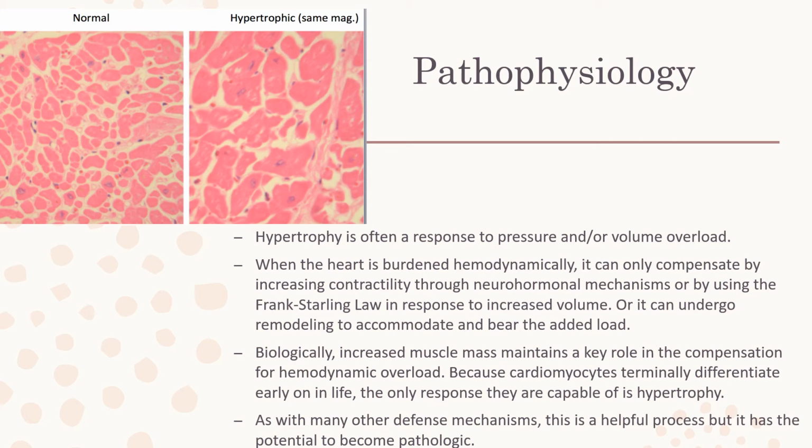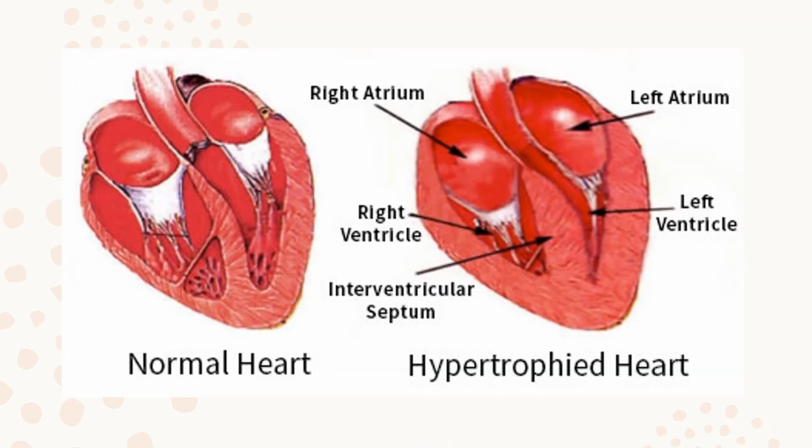And so it initially starts off, as it says in the last line there, as a helpful mechanism, but it can become pathologic at a certain point. And so what we see is a normal heart on the left-hand side of your screen, and then a hypertrophied, enlarged heart on the right-hand side.